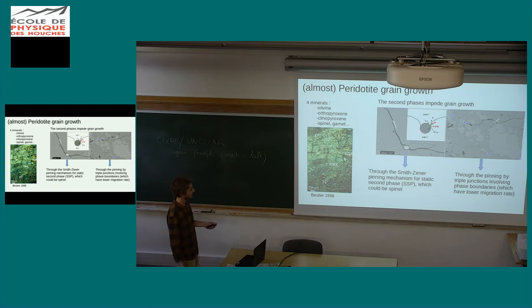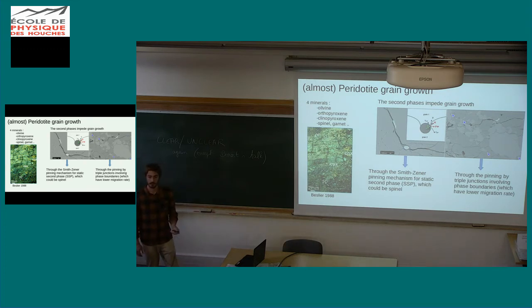This can be modeled through the Zener pinning mechanism if we consider that the spinel particles are static. And we do this because the Smith-Zener pinning was already implemented within the level set framework. And within this image, the lighter phase is pyroxene and the darker is olivine.